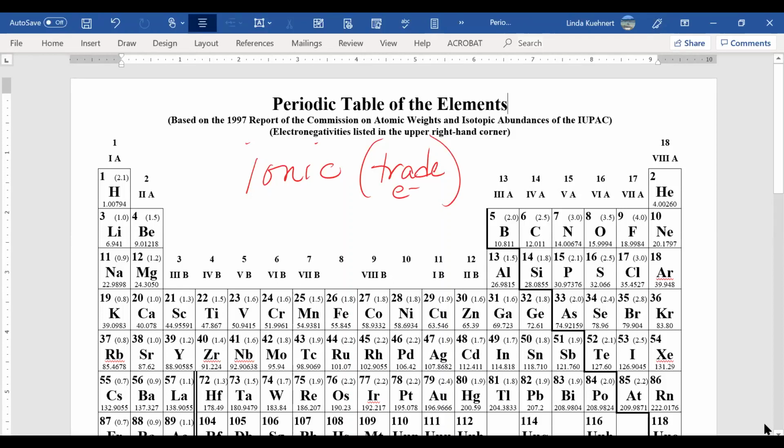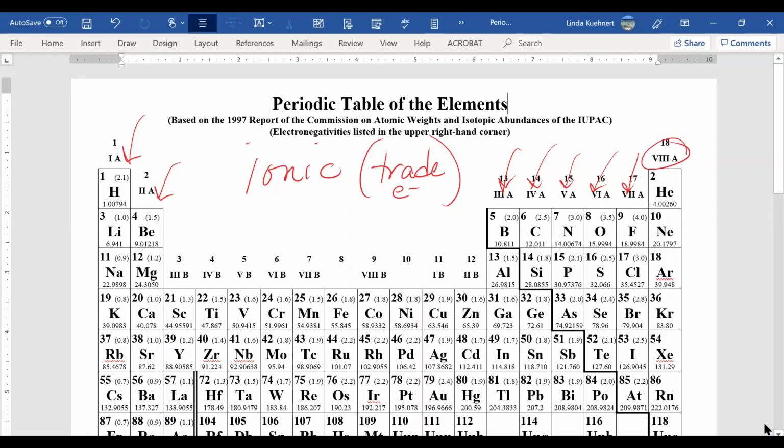Neutral atoms have valence electrons in the outer shell, and in the first column, each one of these has 1 valence electron. Second column, 2 valence electrons, 3 valence electrons, 4, 5, 6, 7 valence electrons.